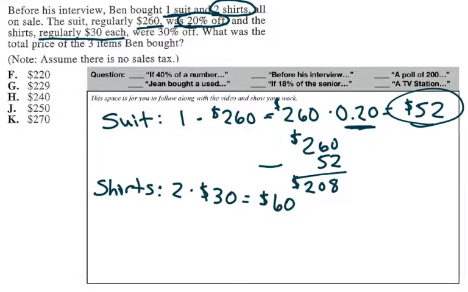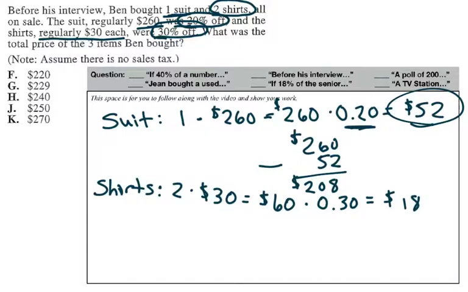That's how much you would normally pay without the discount. But I see right here that they're 30% off. So I'm going to multiply by the decimal, 0.30, and I'm going to do that on my calculator as well. We get 60 times 0.3, and I get $18.